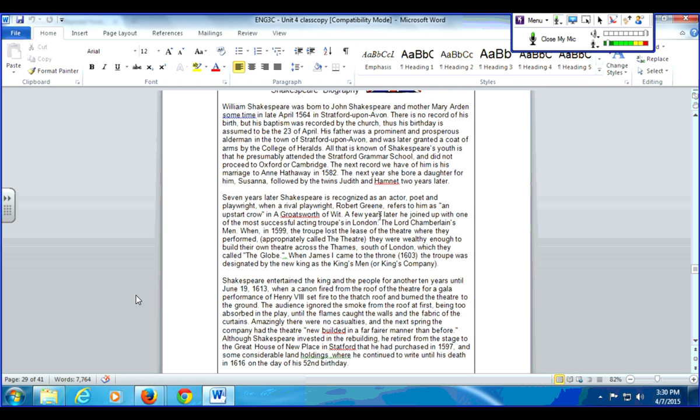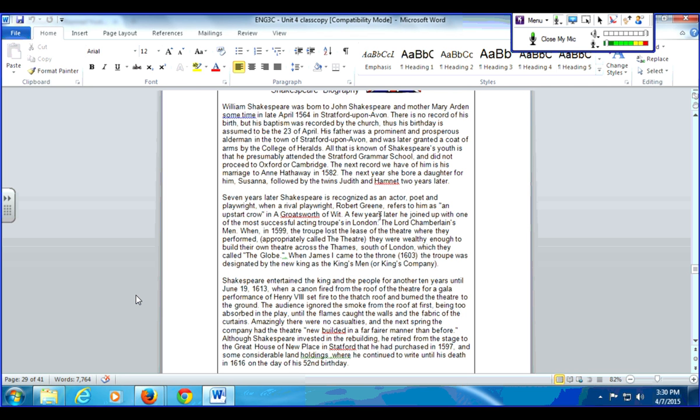The audience ignored the smoke from the roof at first, being too absorbed in the play, until the flames caught the walls and the fabric of the curtains. Now, amazingly, no one was killed or injured. And the next spring, the company had the theater newly built in a far fairer manner than before.